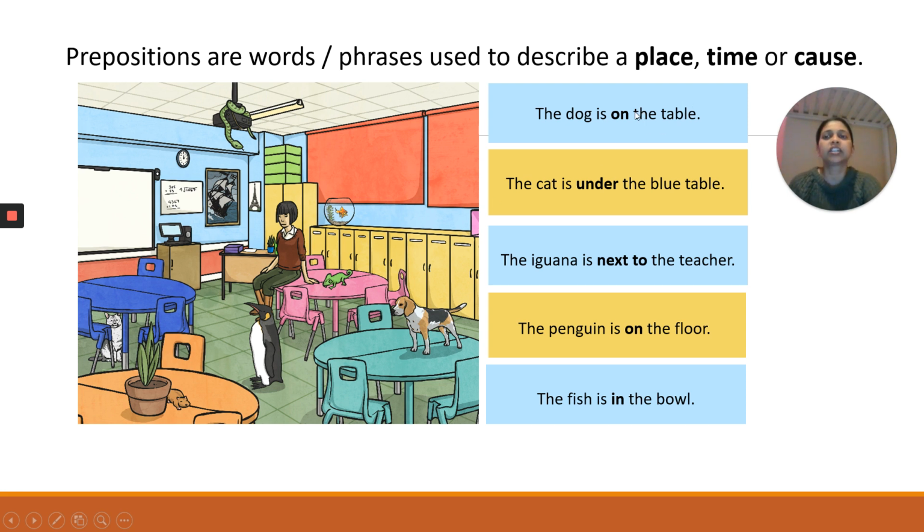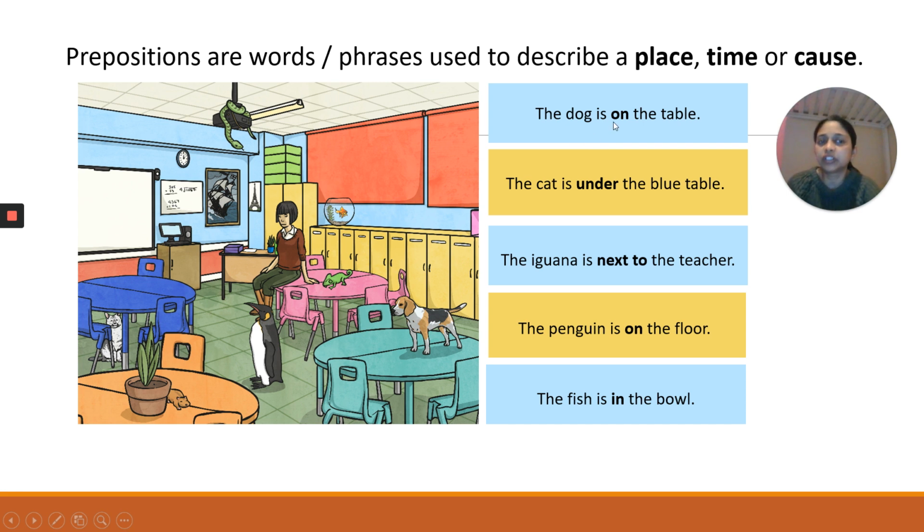Okay, so prepositions are words or phrases that are used to describe a place, time, and cause. Like I said, for today we'll be doing only prepositions of place. So basically, when you write a sentence, we use prepositions and you can ask the question where, because when you talk about place, you always talk about where something is.